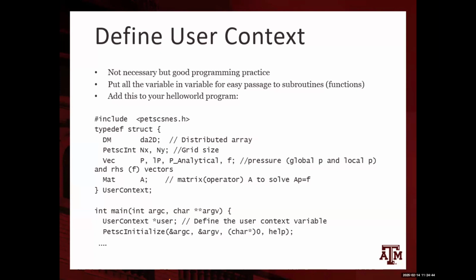For example, if you want to pass to a subroutine 10 different parameters, such as your data structure, your grid size, your vectors, and all these things, instead of passing them one by one, lump them together as one variable. So create a new data structure.